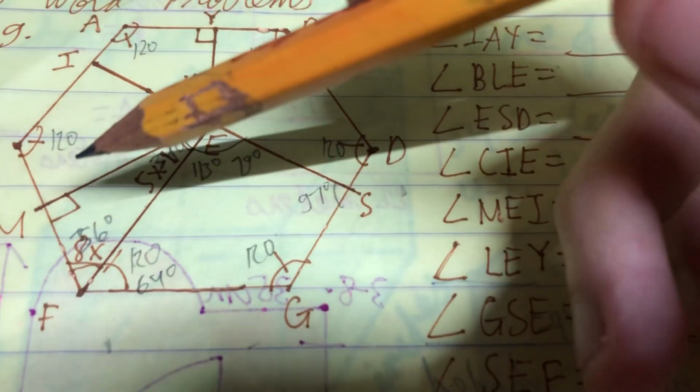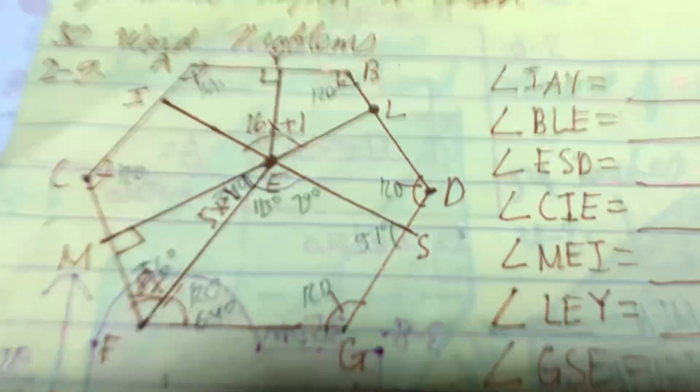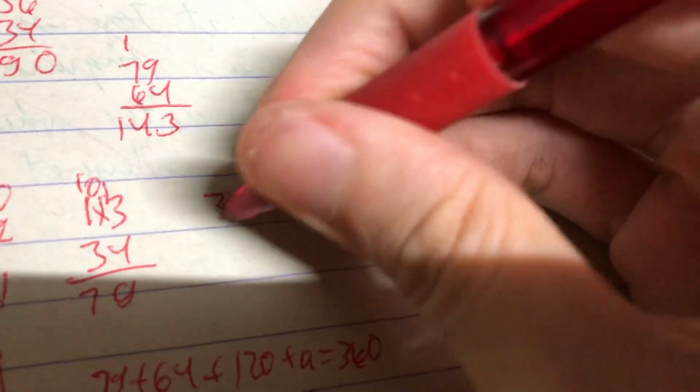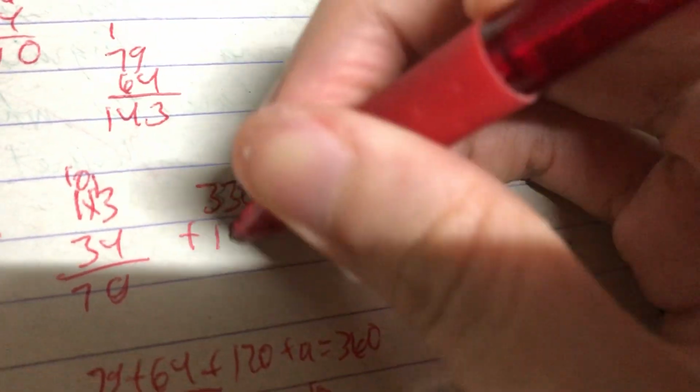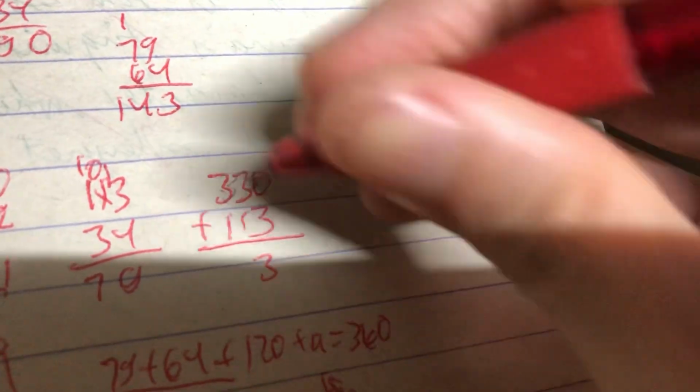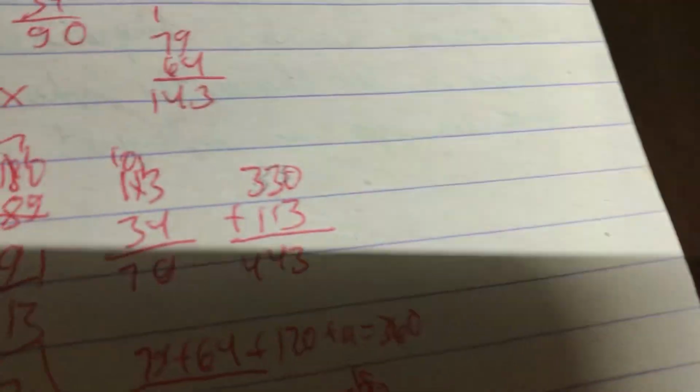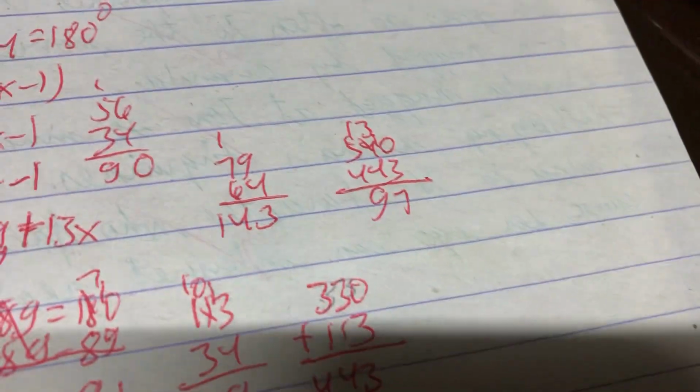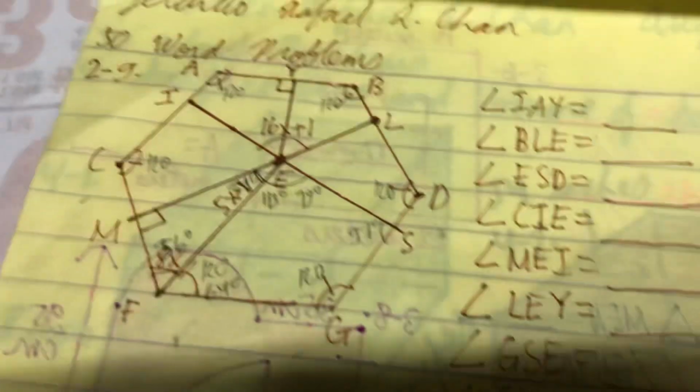So that becomes 330 degrees plus 113. So 330 plus 113 equals 443. Then we do 540 minus 443. Will it still give you the 97? Yes, it does. It still yielded 97. And your answer is correct.